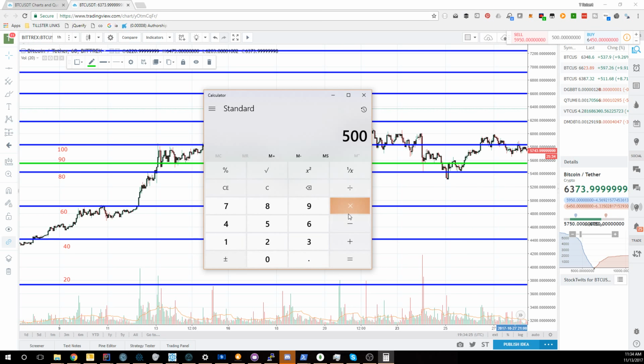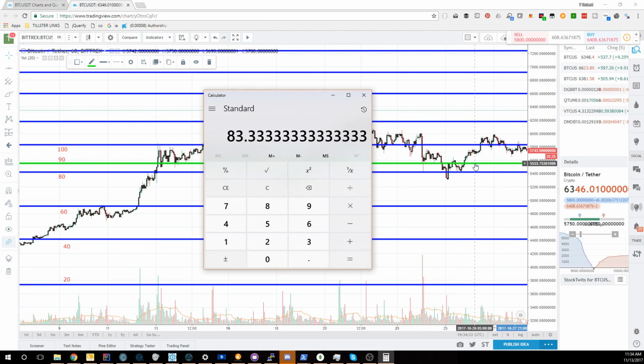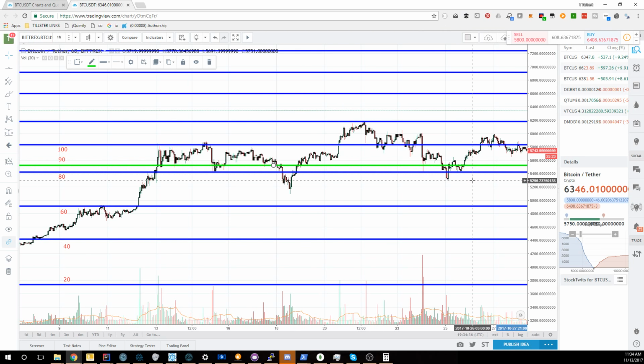We now have 6 Bitcoins at $500. That's 83. Bring it down a little more. Every time you buy more at a lower price, you dollar cost average your profit line lower.